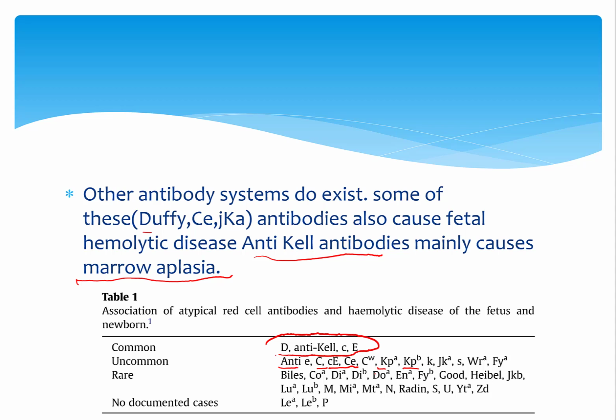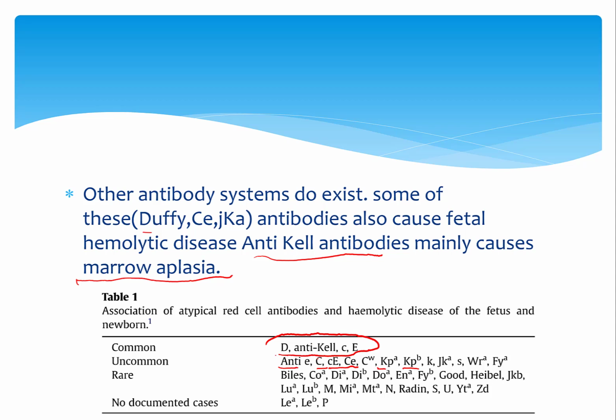So when we screen, ideally rather than rhesus antibody screening, it should be unexpected antibody screening, because in normal life, any person's blood group will have A or B or other blood antibodies. They are all expected antibodies. So if something which is not expected is there, it is called an unexpected antibody.